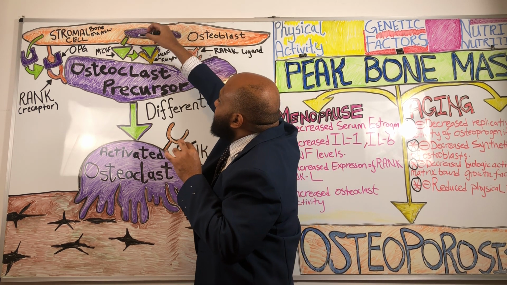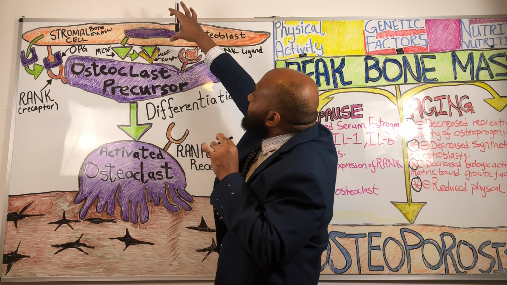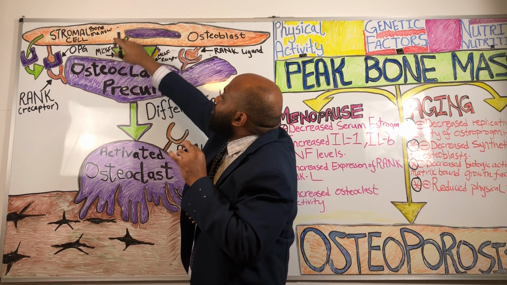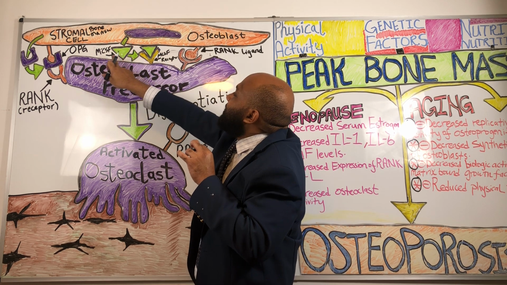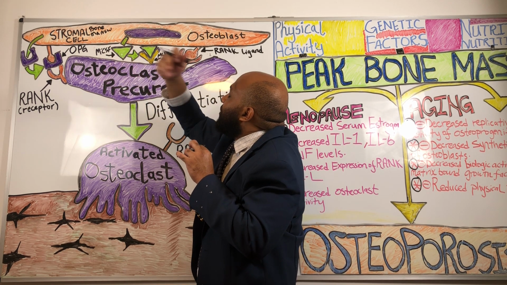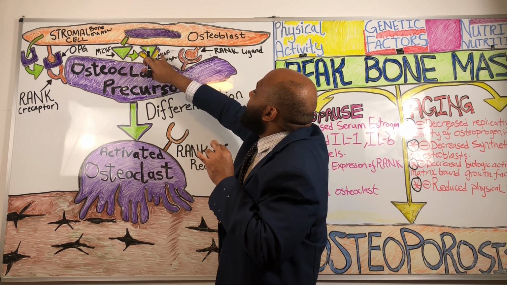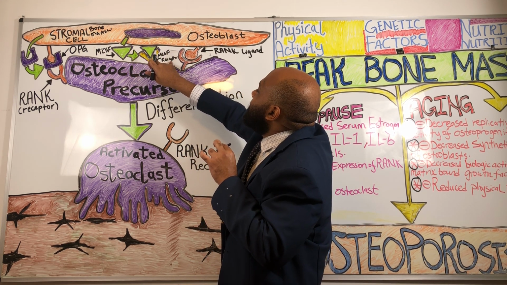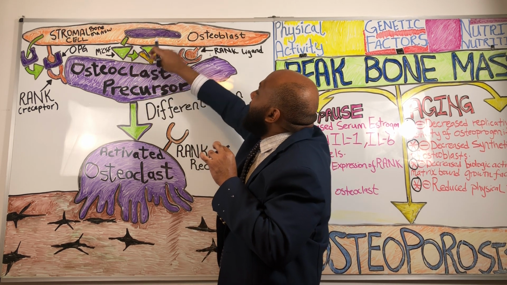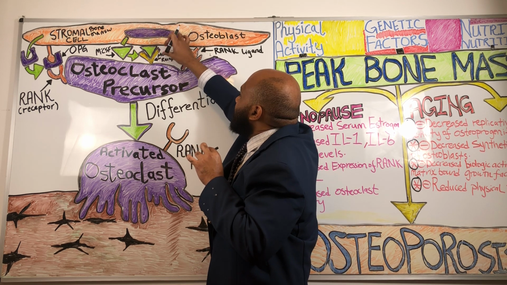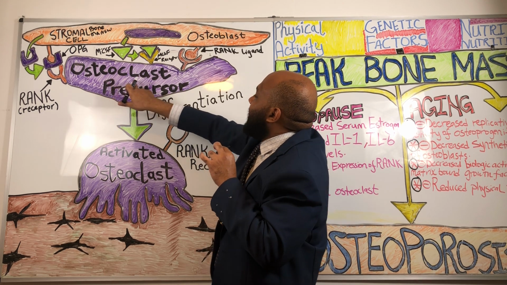Whenever we want to degrade the bone, the stromal cell of the bone marrow will secrete the colony stimulating factor. The colony stimulating factor, depicted in this green triangle, will bind to this yellow receptor, known as the monocyte colony stimulating factor receptor, on the osteoclast precursor.